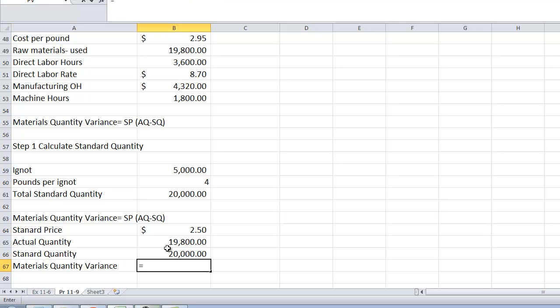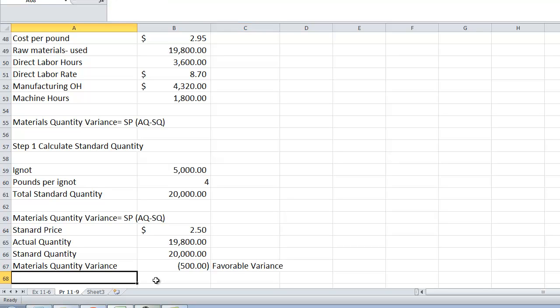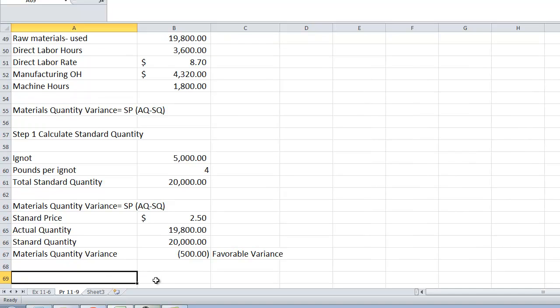We take this price and multiply it by the actual minus the standard, and we have a favorable variance of 500.